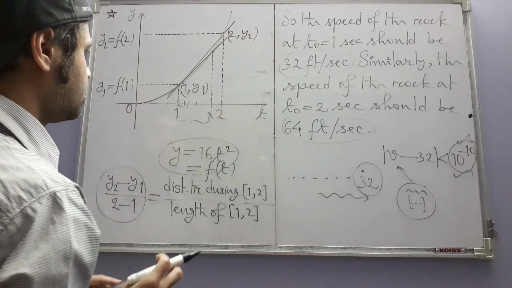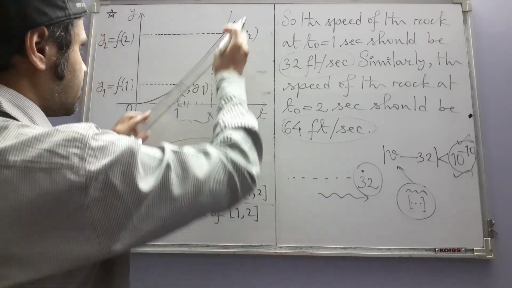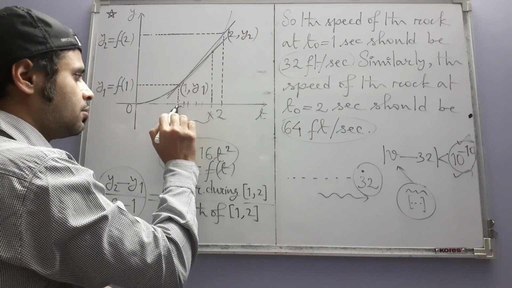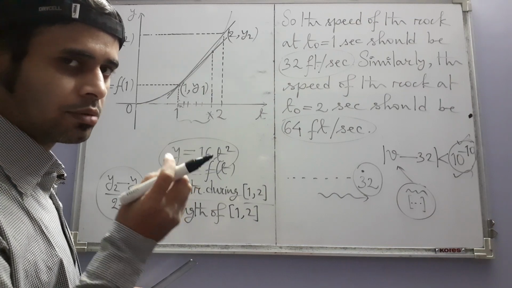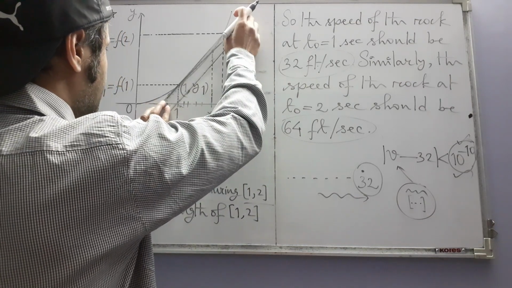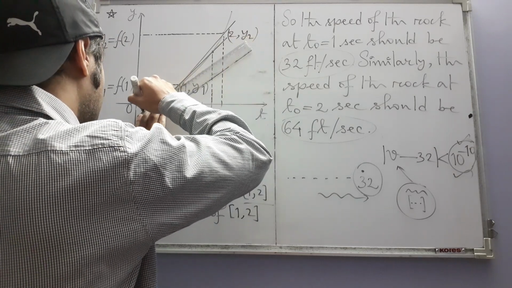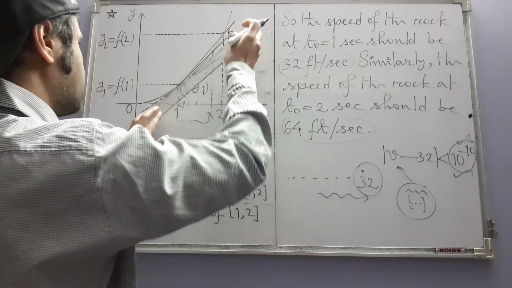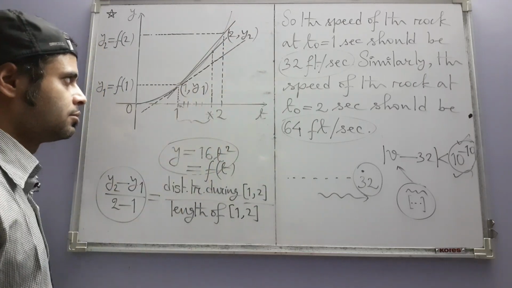Okay, it will change. And don't you think that in the limiting case, when this other boundary tends to 1, that is the interval becomes vanishingly small, the secant will tend towards the tangent to the curve at this point.